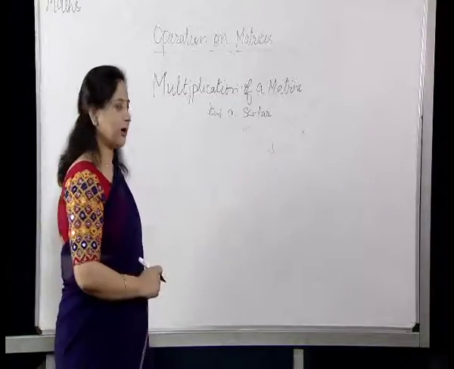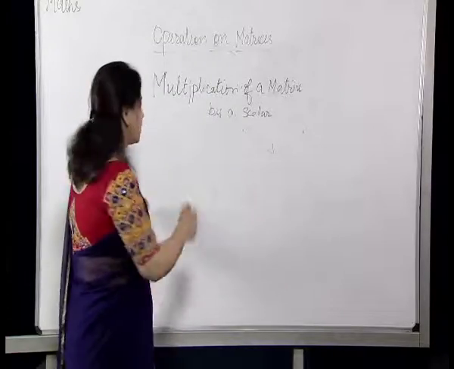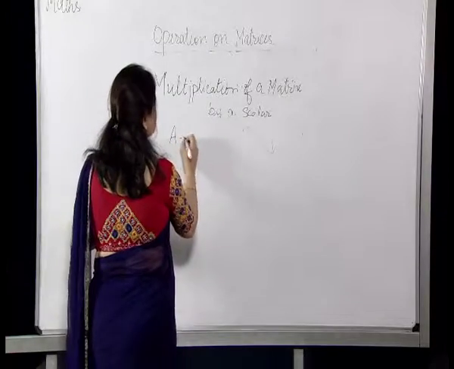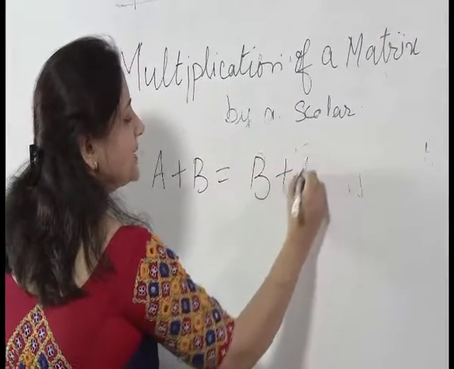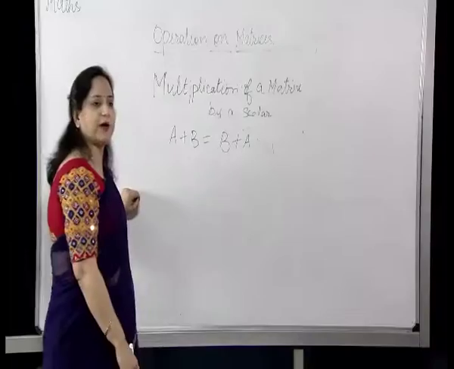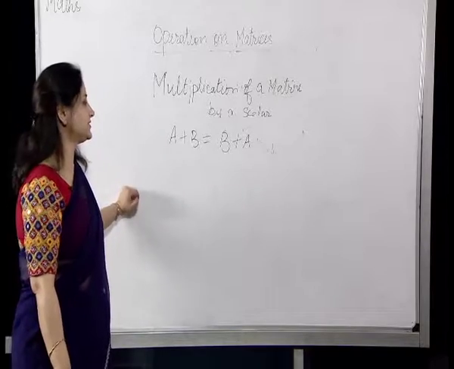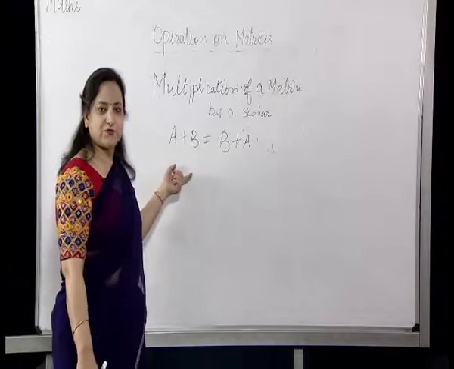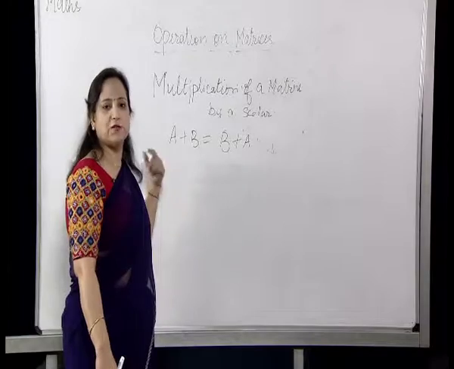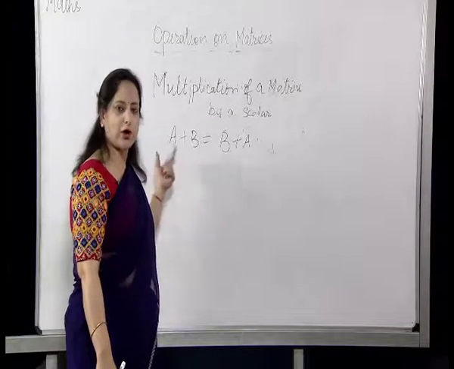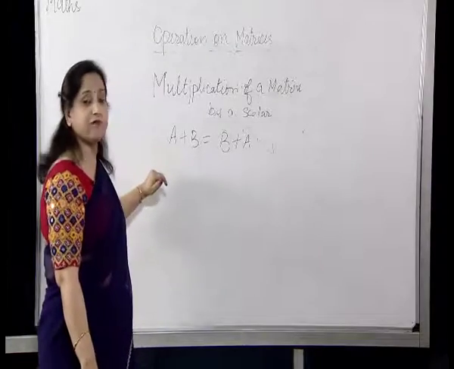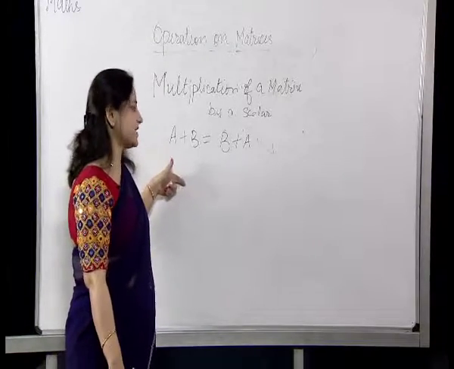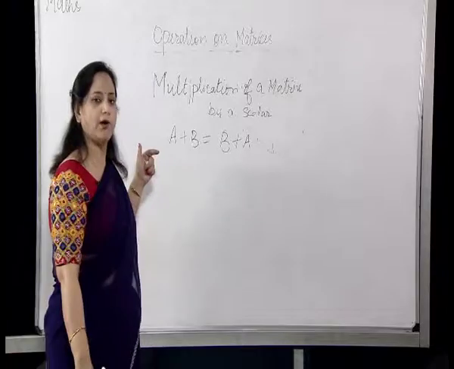The commutative property of addition is: A plus B is equal to B plus A. This property we have to check whether it satisfies. It satisfies for the numbers, for real numbers, for rational numbers, irrational numbers. You have already done this in your previous classes. So, now we will see whether it satisfies for the matrices also or not.